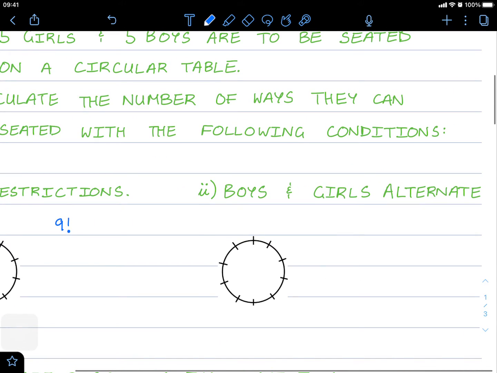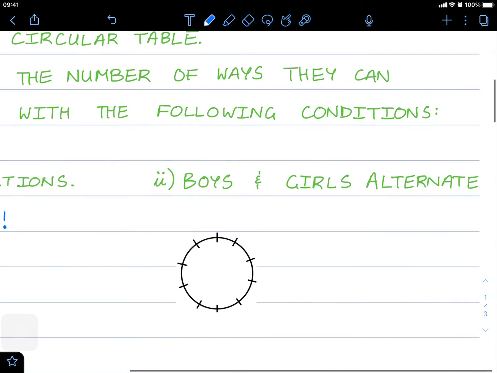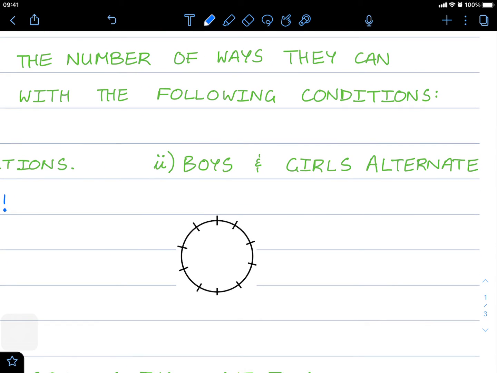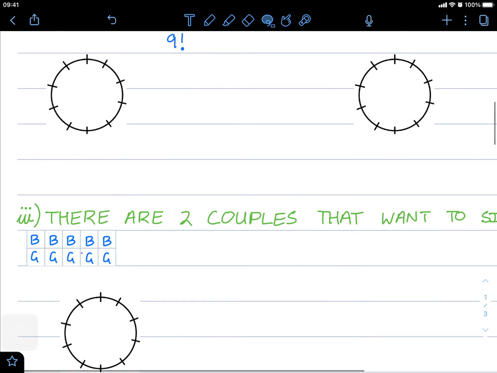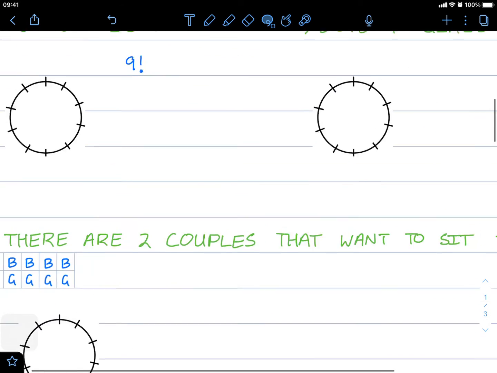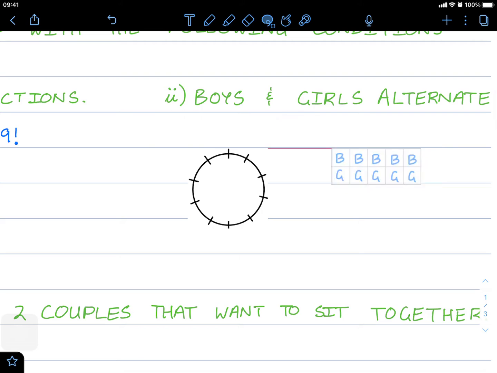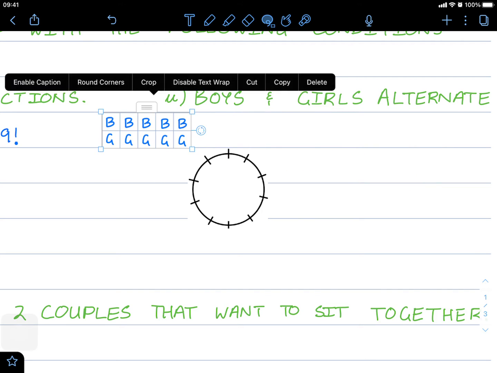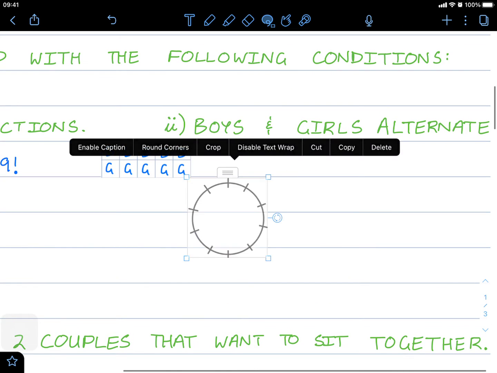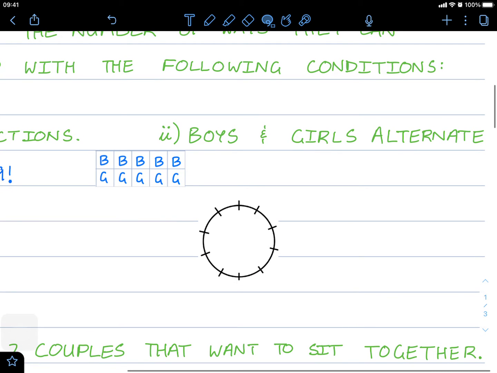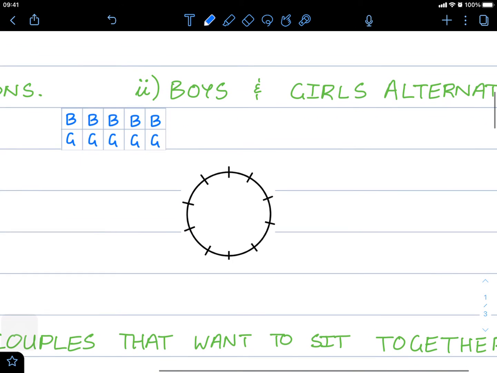Here we go for the next one. Boys and girls must alternate. For this one, let's consider all the boys and girls first. Now I'll simulate the idea of fixing one position.